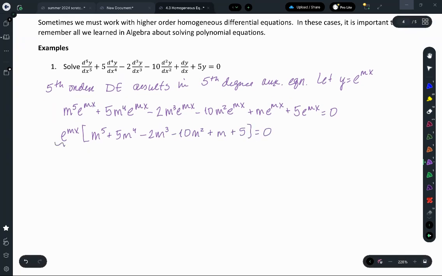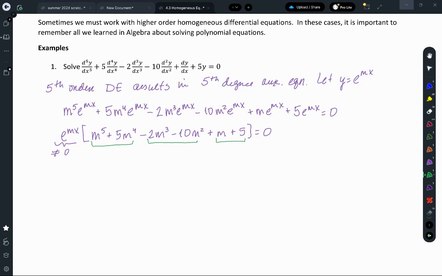Okay, e to the mx is never 0, so it is only our polynomial that gives us 0. I see 6 terms. Whenever I have an even number of terms, I look to see if I can factor by grouping in any way. So I'm looking at the first 2 terms, and then the third and fourth terms together, and the fifth and sixth terms together. Let's see what happens.